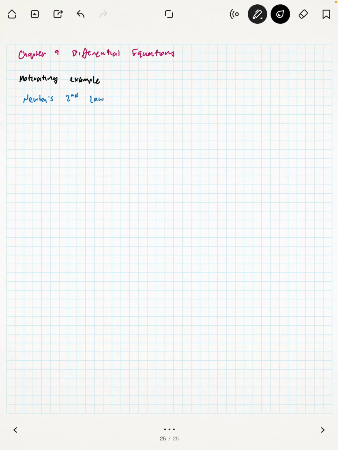So roughly we can write that as F equals ma, which is another way of saying the acceleration due to a force is proportional to that force applied in that direction.